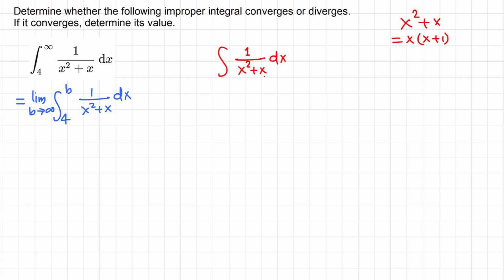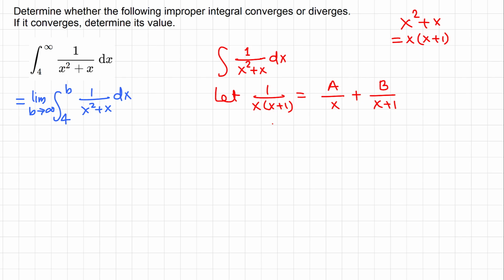So we need to use partial fraction decomposition just to evaluate this integral. We let 1 over x times x plus 1 equal, we've got two factors, x and x plus 1. These are degree 1, so we just write degree 0, or numbers, on the top. So we let this one, then multiply through by this common denominator.